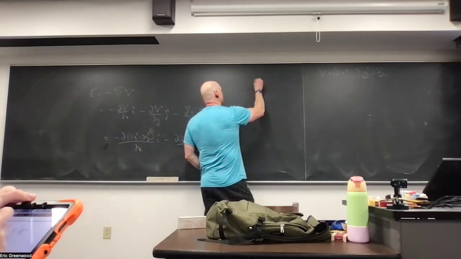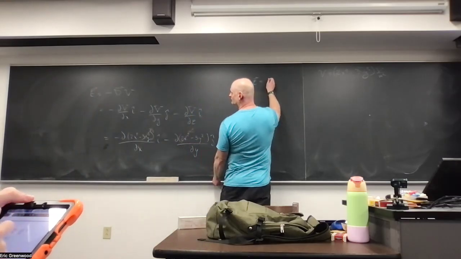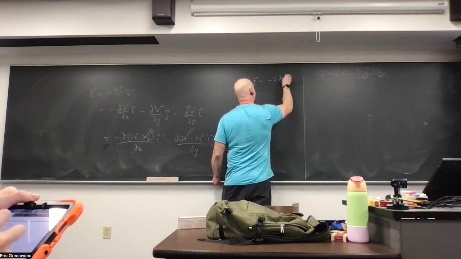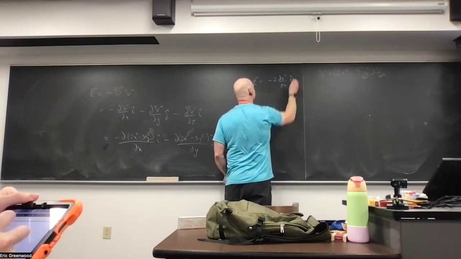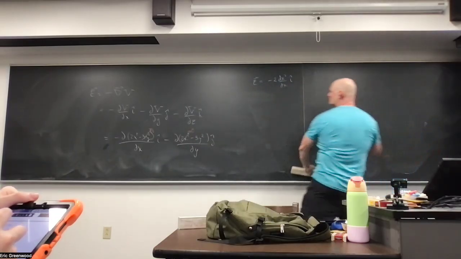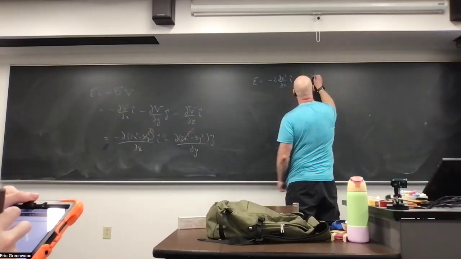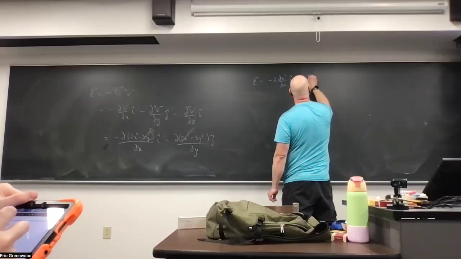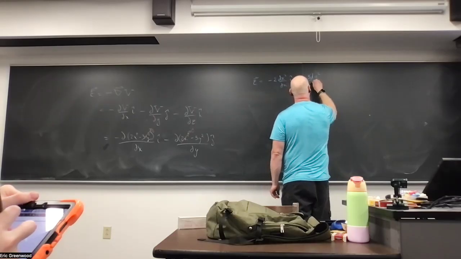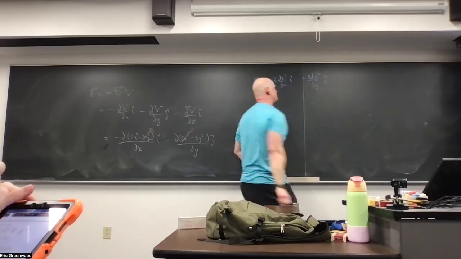So in this case, my electric field will be equal to what? Minus 2 times the derivative of x squared with respect to x in the I hat direction. Then I'm going to get a minus, which gives me a plus, the derivative of 3 y squared with respect to y in the j hat direction.